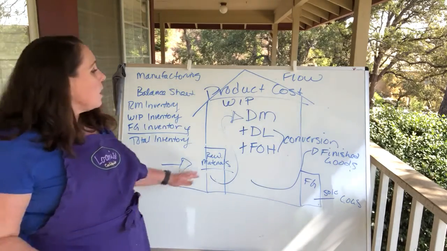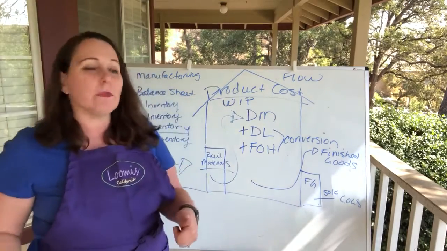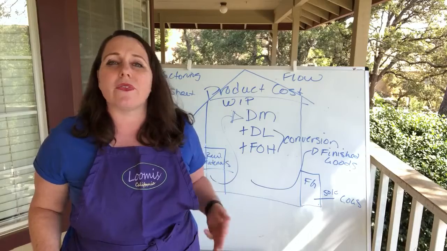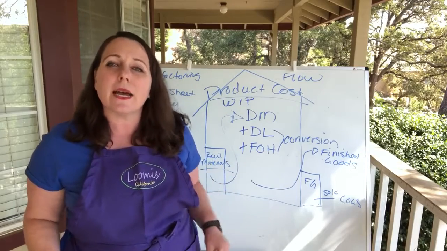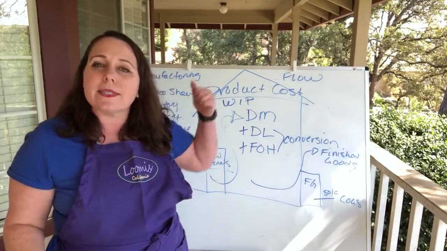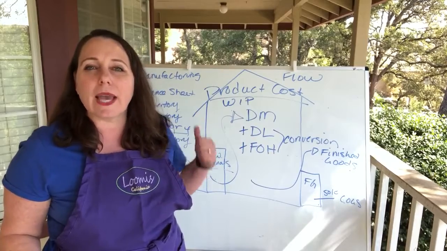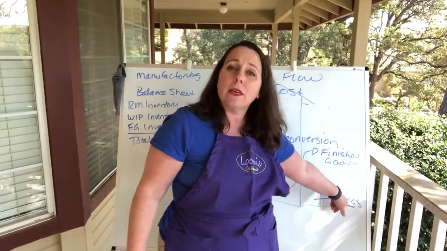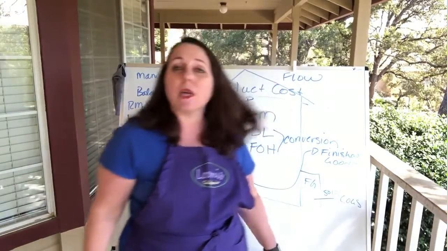Okay? So all of these costs we incurred when we pay our employees, when we buy raw materials, depreciation, all of that, instead of going directly to the income statement, we're going to stick it on the balance sheet until we actually sell our product. Once we sell our product, then it becomes cost of goods sold.